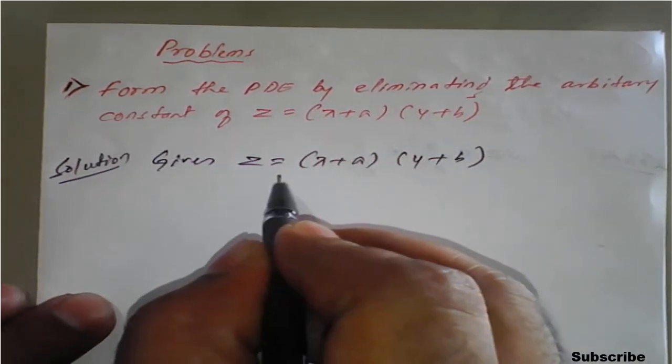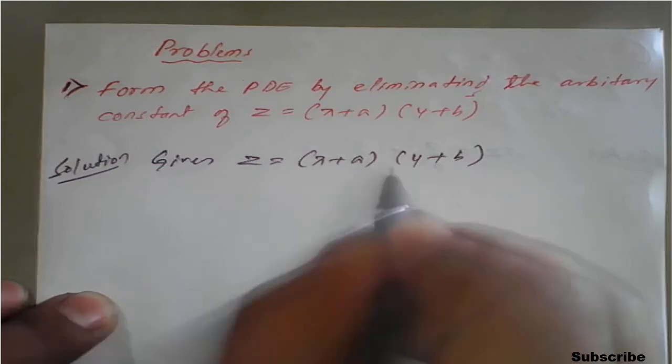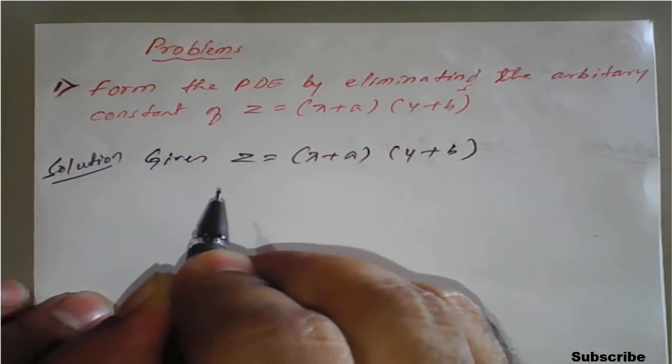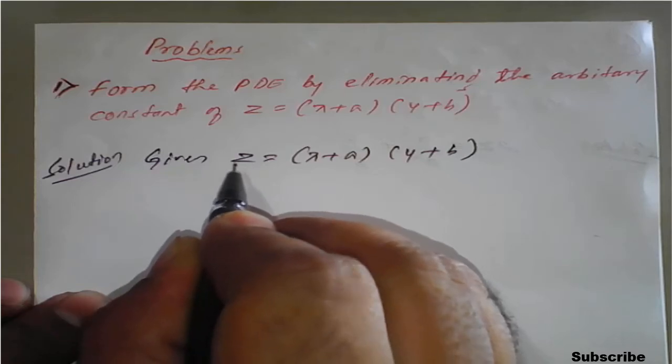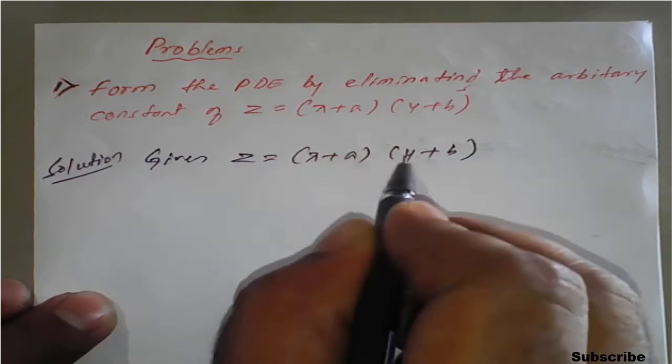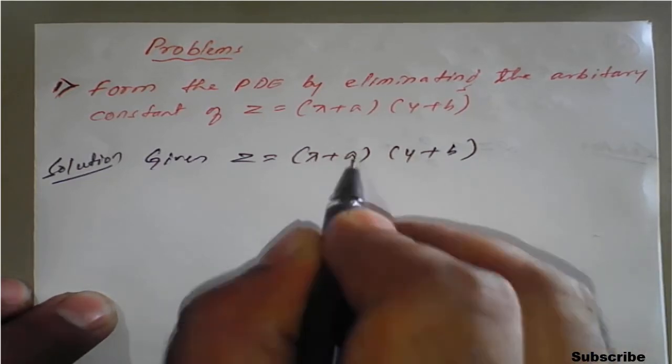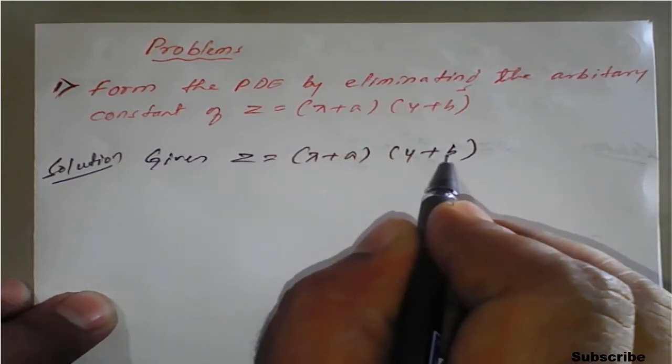So this is one of the equations they have given. In this, z is dependent and x and y are two independent variables. We have two independent variables, we have two constants.